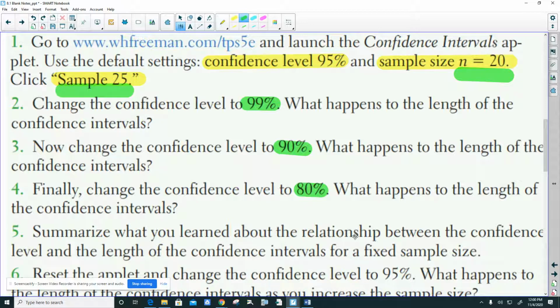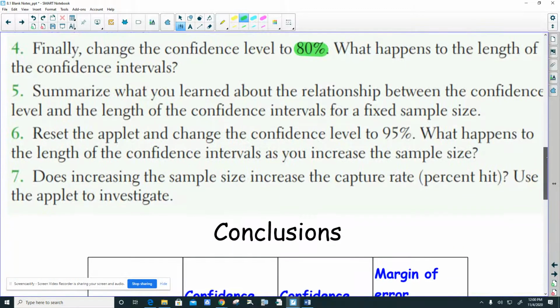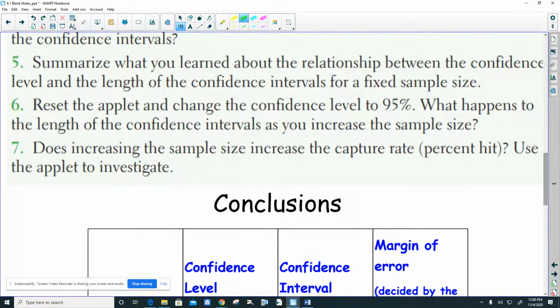Now, one other thing that we'll take a look at, and we'll put this all together in this chart at the bottom. I'm going to reset this so that the confidence level is back to 95%. And now we want to see what happens to, once again, the length of your confidence interval as you gradually increase the sample size.